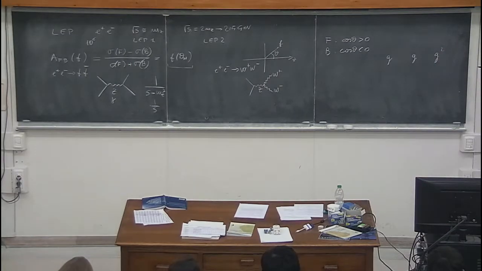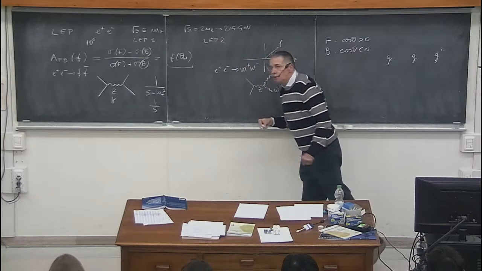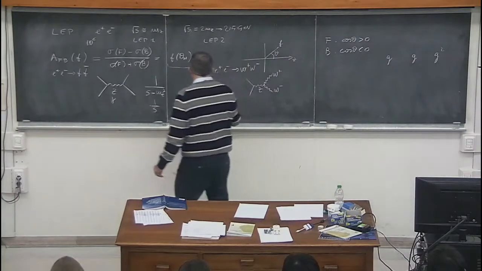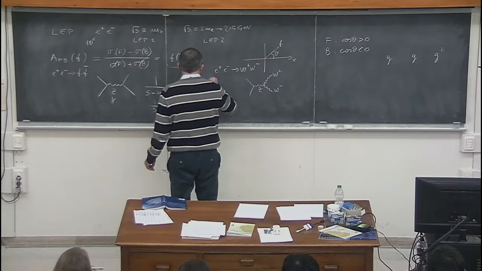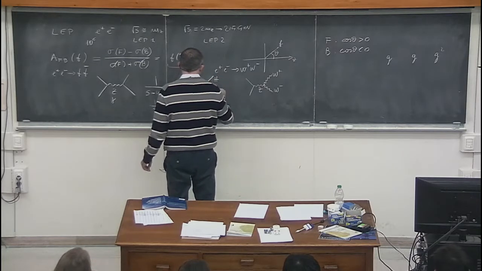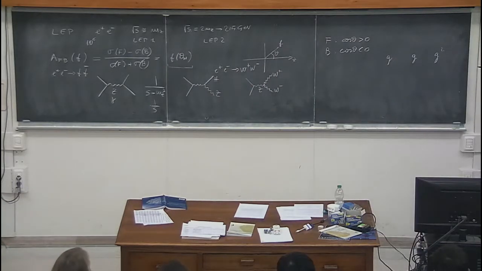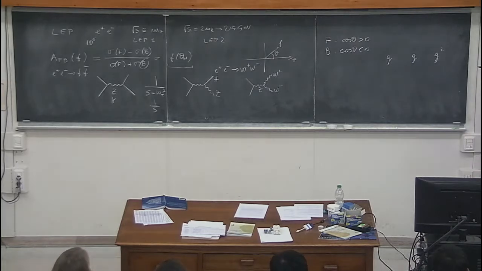Of course, the main reason why the energy of LEP was pushed to these high values was the hope of producing a Higgs boson. A Higgs boson can be produced at LEP, for example, by means of this diagram. We have learned that the coupling of the Higgs boson to various particles is always proportional to their mass, and the coupling to the Z is sizable.